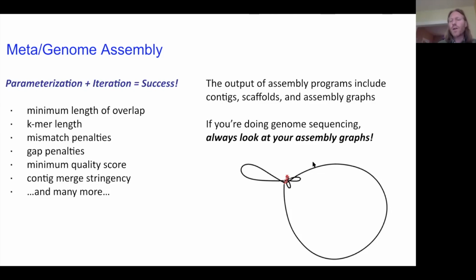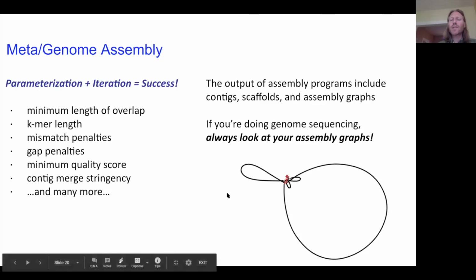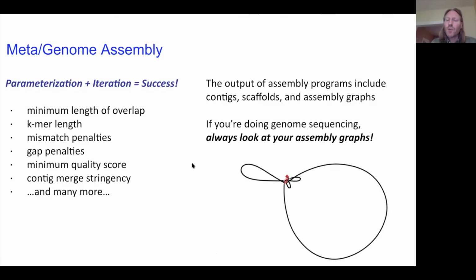This is one on the right of Polaribacter that we sequenced in my lab. And one of the nice things about looking at the assembly graphs is that you can very easily tell if your genome is complete. So this genome is not a single contig, but you can tell that it's complete. It doesn't have any loose ends, essentially.